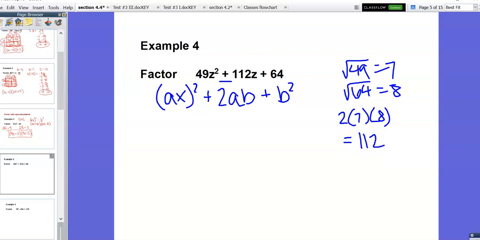So we have our special pattern. Now we just need to factor it. And that's just going to be 7z plus 8 squared. And then we're done.